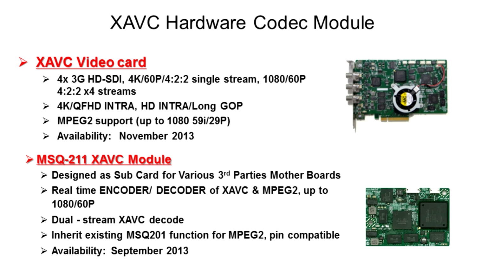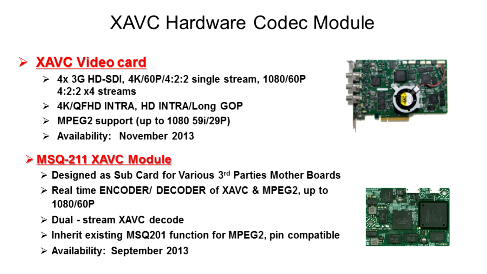As I said, to facilitate the adoption of XAVC, Sony has decided to create hardware solutions. The lower one, the MSQ211, is a daughter card very similar to the MSQ201 that we used to have for MPEG years back. This daughter card supports up to one channel of 1080 60 progressive, and you can select to compress and decompress either MPEG2 or XAVC.